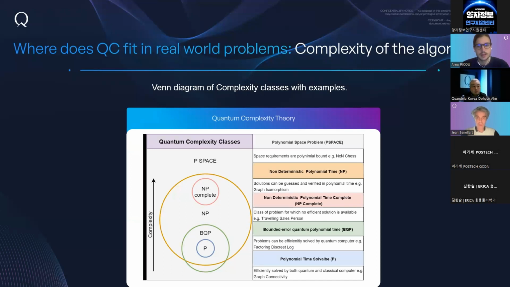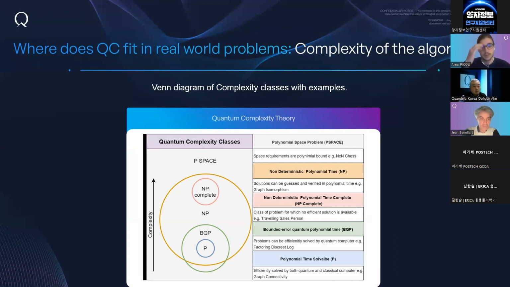And then the hope of quantum computing is BQP, which is the class of problems quantum algorithms can solve efficiently. So it takes a polynomial amount of time to solve this problem on a quantum computer.